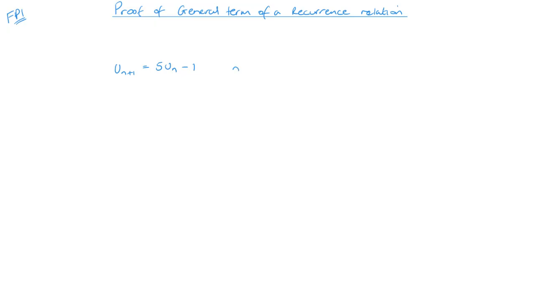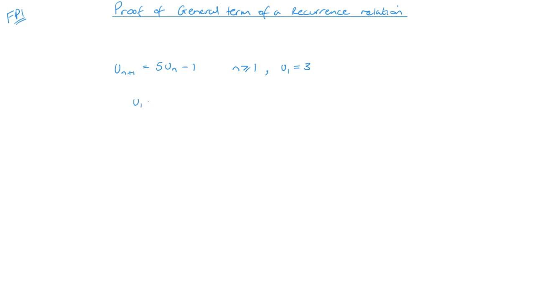And that might be when n is greater than or equal to 1, because the first term is n equals 1, second term is n equals 2, so it can't be any lower than that. And then they usually have to give you what the first term is. So in this case I'll call it 3. Okay, and then you substitute that in.